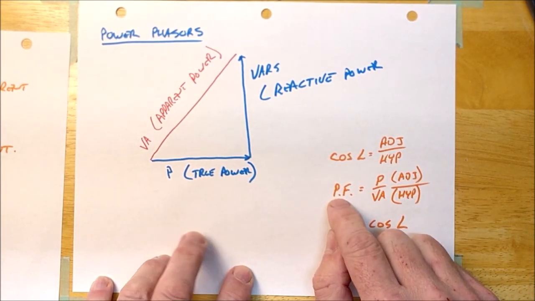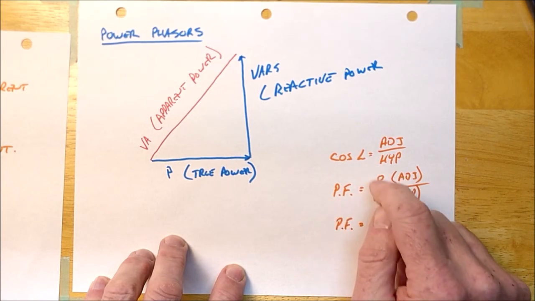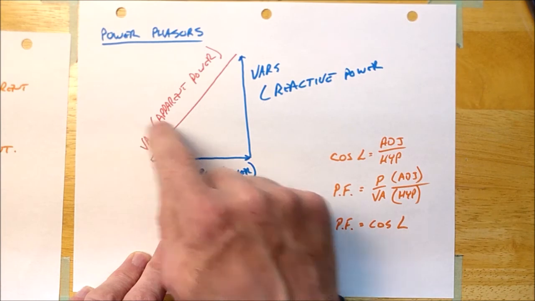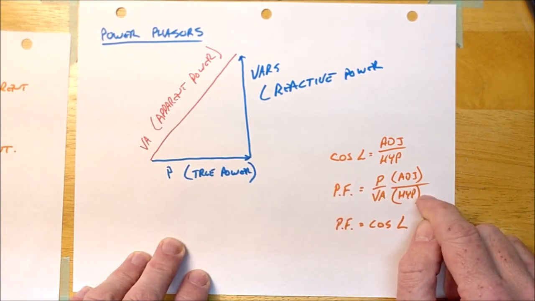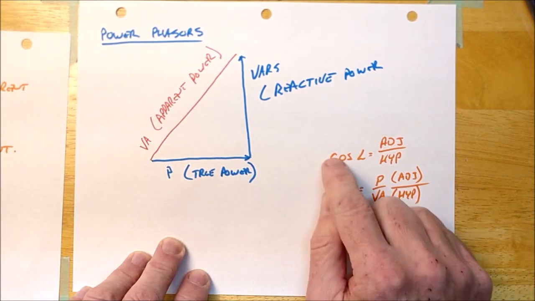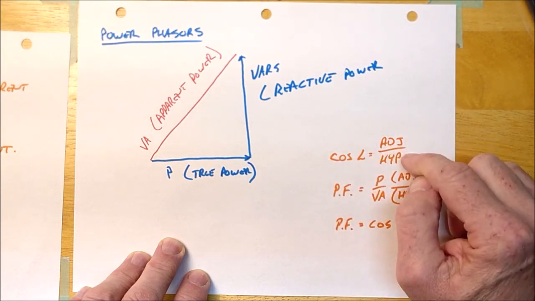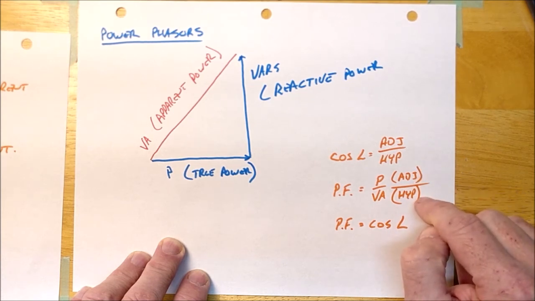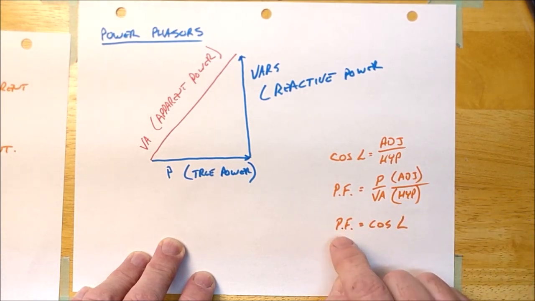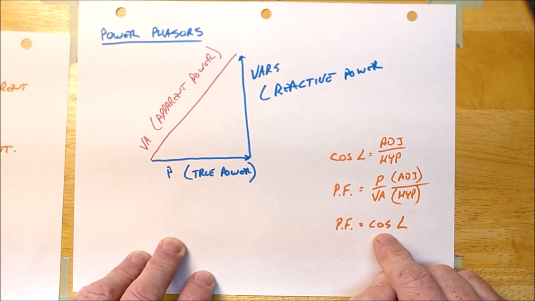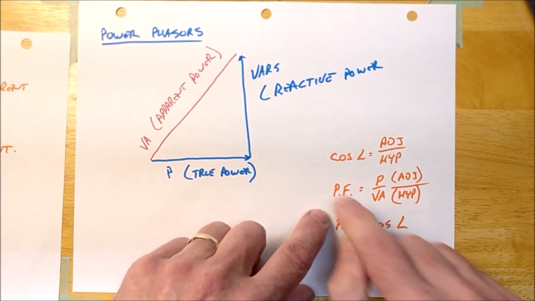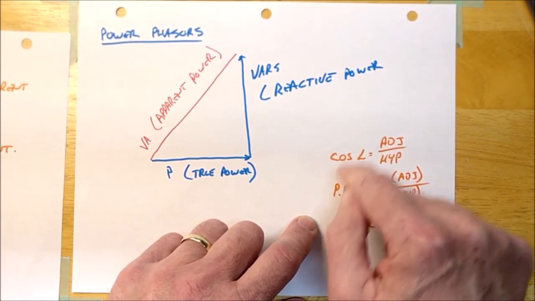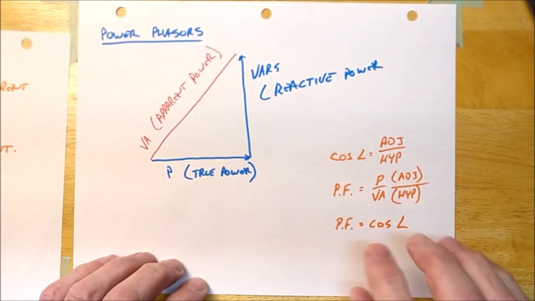Now, we know that the power factor is the power over the VA, and the power is always going to be the adjacent, and the VA is always going to be the hypotenuse. So, since the cosine of the angle is equal to the adjacent over hypotenuse, and the power factor is equal to the adjacent over the hypotenuse, it is fair to say that the power factor is equal to the cosine of the angle, okay? So this is equal to that, if that makes sense.